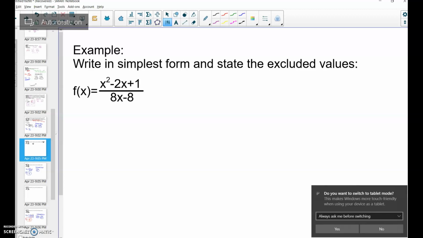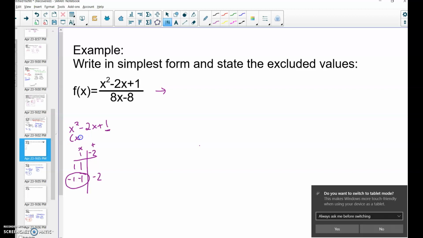So first thing we're going to do is you're going to factor. Okay, notice at the top part that I'm factoring. If you need to do this on the side, go ahead. Seeing what numbers multiply to 1 and then add up to a negative 2. So because it's positive, they either both need to be positive or both need to be negative.